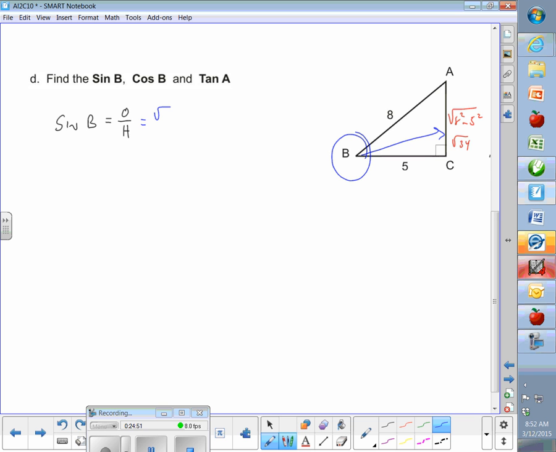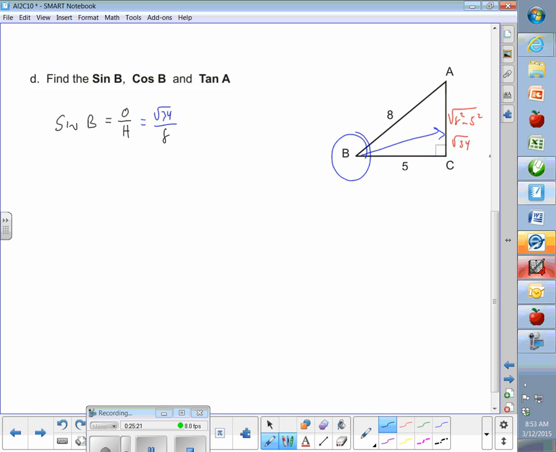Yeah, it's the square root of 34, but right idea. And the hypotenuse is the 8. And we're good to go. Square root of 34 over 8. Opposite over the hypotenuse. The hypotenuse is always across from the right angle. It's always the longest side.